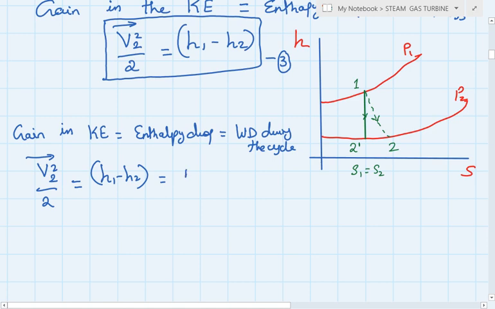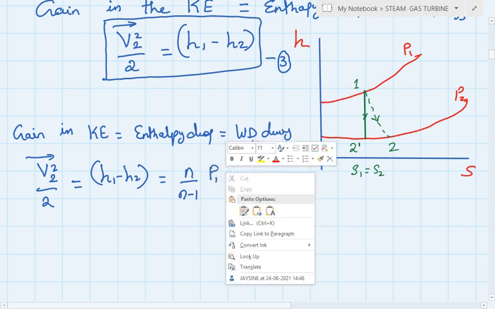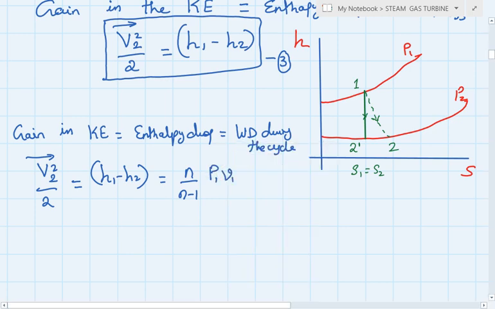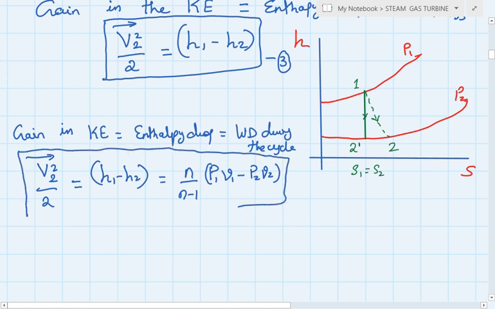We have written that as n divided by n minus 1 into P1 V1 minus P2 V2. So all this is interrelated. Let me write this as equation number 4.